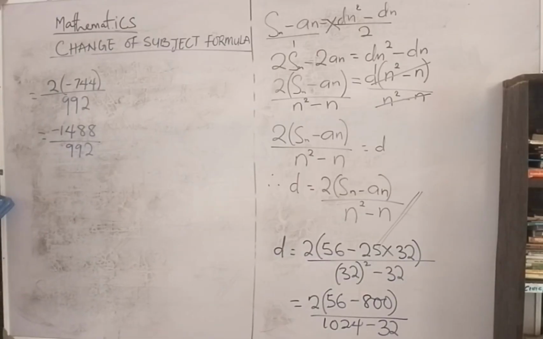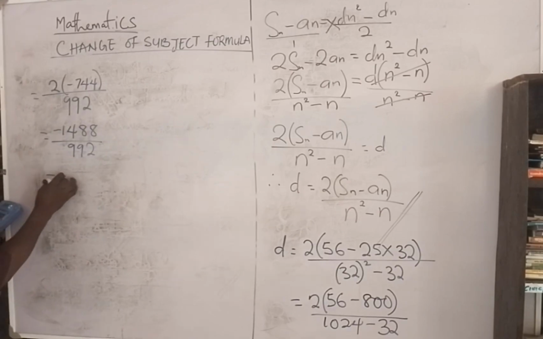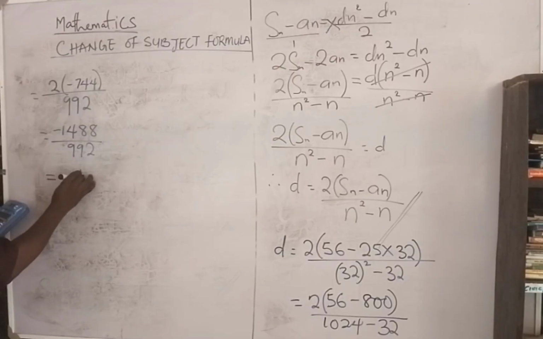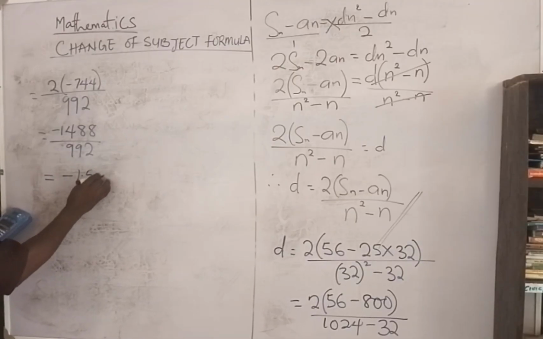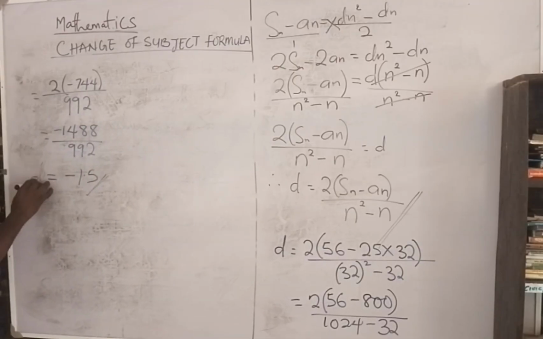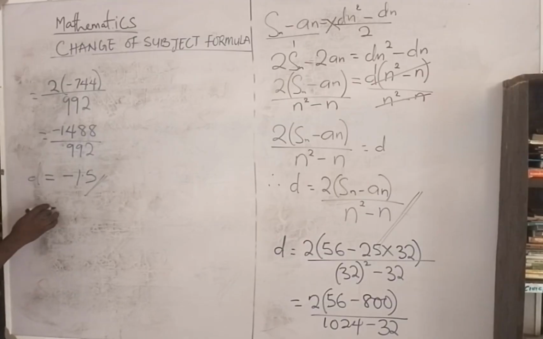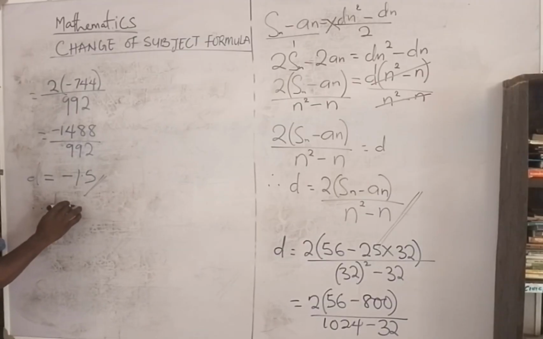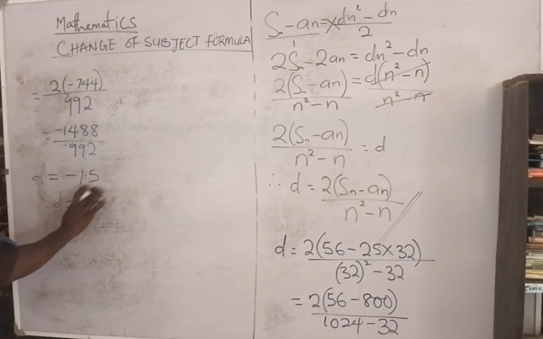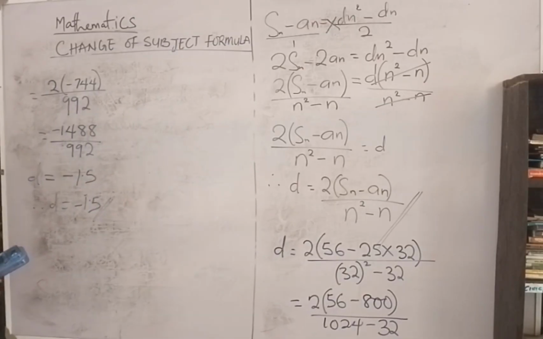And we'll divide our answer by 992, and that will give us minus 1.5 as the value of d. Therefore, our d is equal to minus 1.5. That's the final answer.